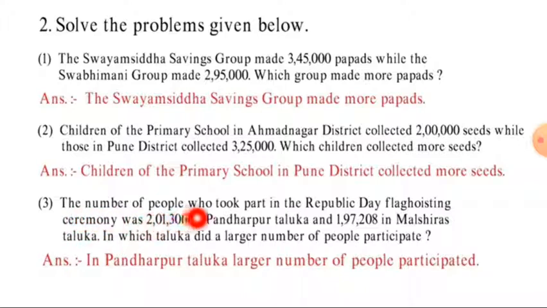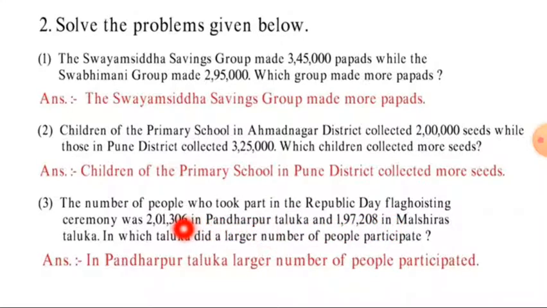The number of people who took part in the Republic Day flag hoisting ceremony was 2,01,306 in Pandharpur Taluka and 1,97,208 in Malshiras Taluka. In which taluka did a larger number of people participate?